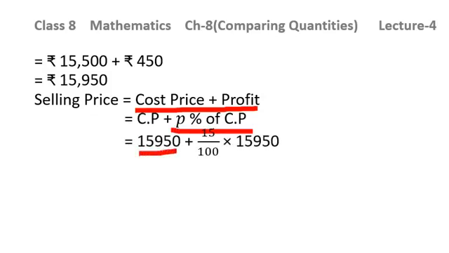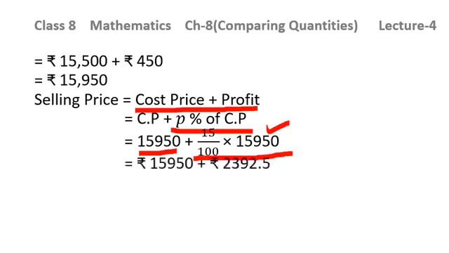Here, children, I have not taken the original cost price. I have taken the total cost price, that is 15,950. And this P% will also be calculated on this new CP, that is the total CP. So it will be 15,950 plus 15,950 into 15 over 100.